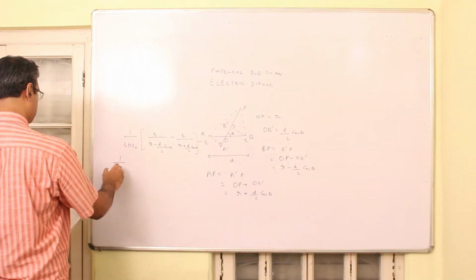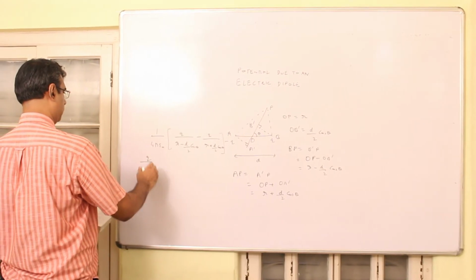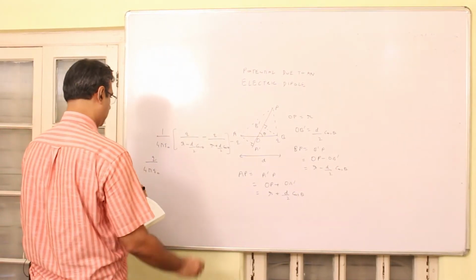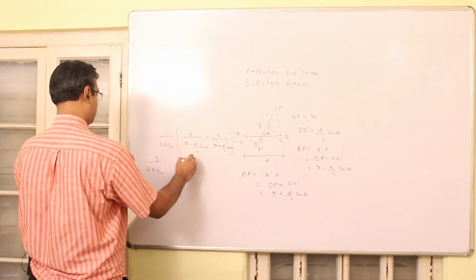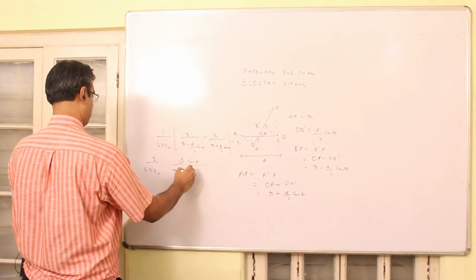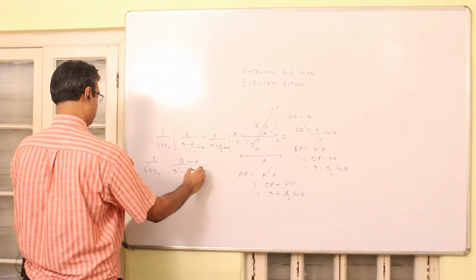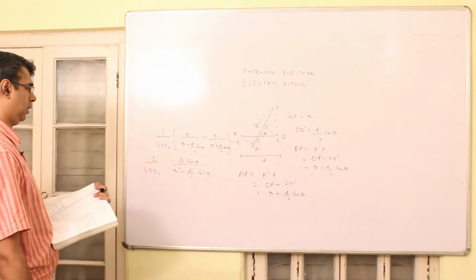Now, if you take Q by 4 pi epsilon naught common, then you will get D cos theta in the numerator and R square minus D square by 4 cos square theta in the denominator.